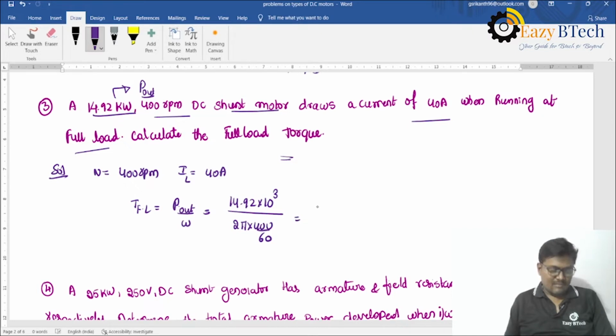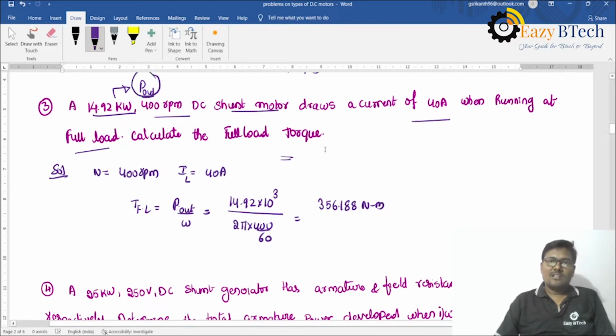So then finally I got full load torque as 356.188 Newton meter. Okay, so this is the answer. 14.92 kilowatts is the output power, of a 400 RPM DC shunt motor that draws a current of 40 amperes when running at full load.